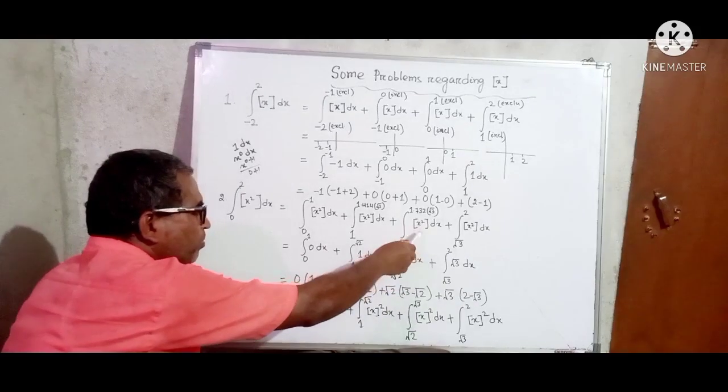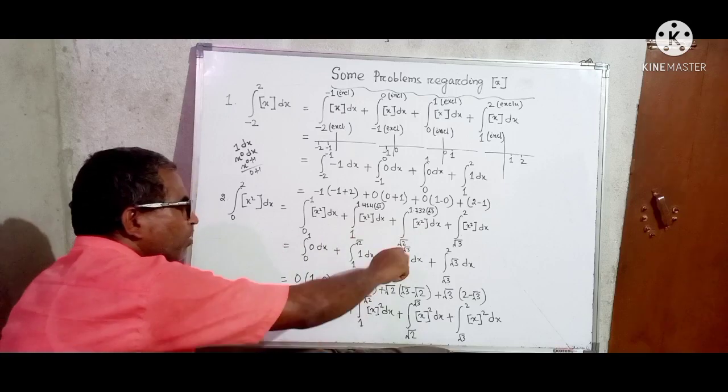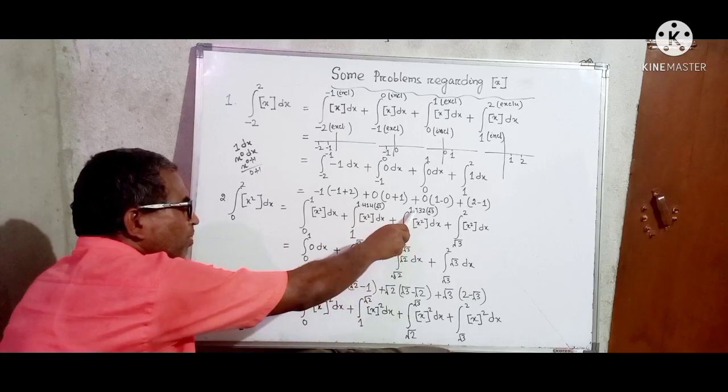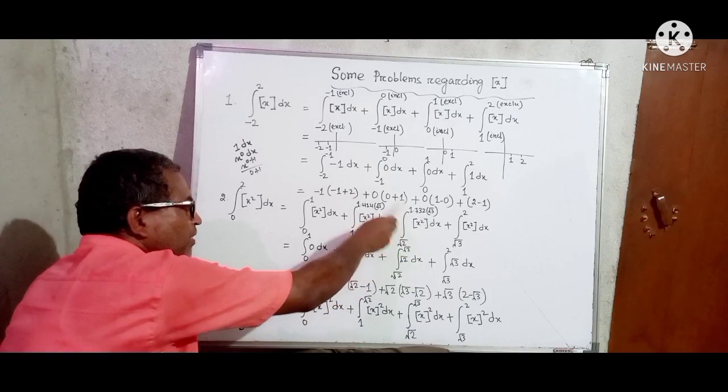Then x from root 2 to root 3, squaring the value is continuous within this interval.